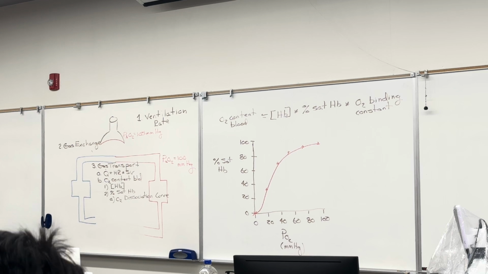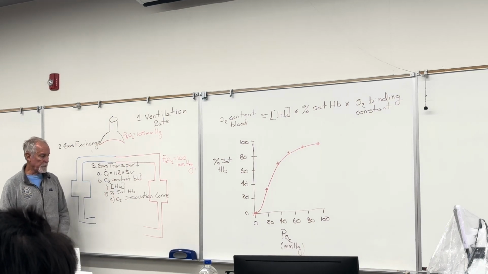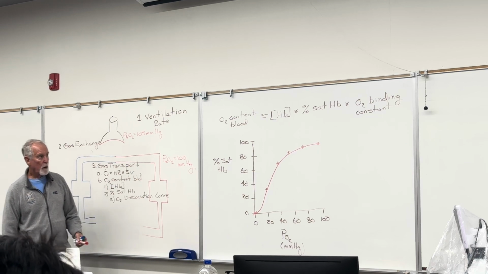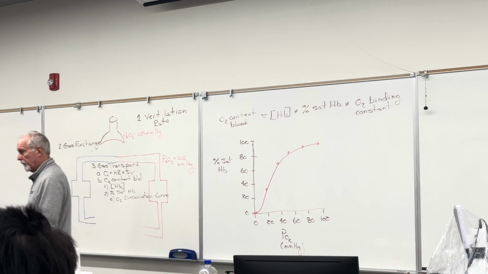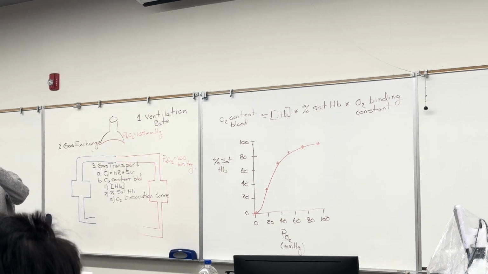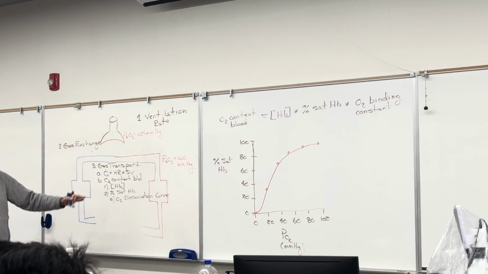And to better understand what determines the percent saturation of hemoglobin, we're now focused on the O2 dissociation curve. So what I'm trying to do is help you figure out where all this information fits into this 5-step model.